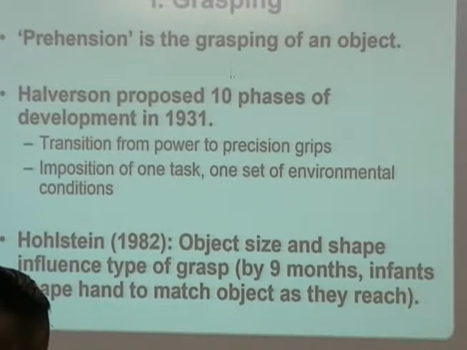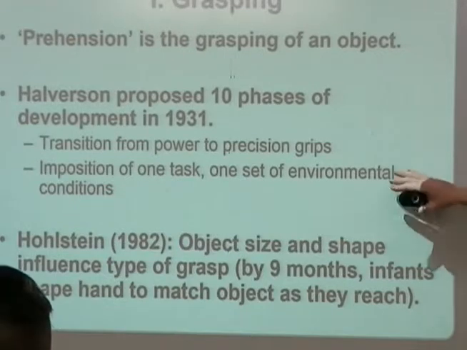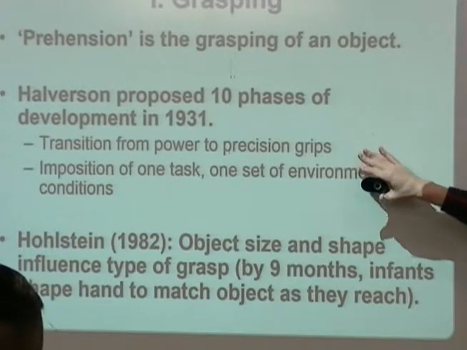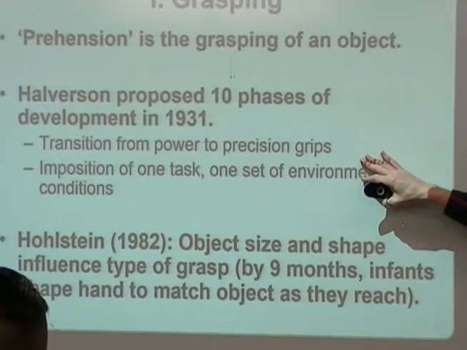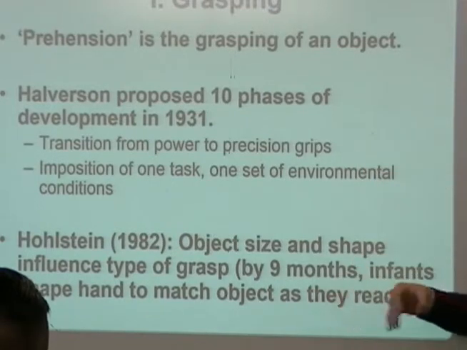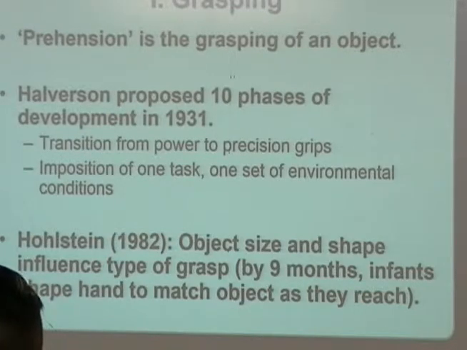If we can do a more precise grasp at 4 or 5 months, then that would indicate that the neuromuscular system is developed enough. So it can't have been just the development of the nervous system. Maybe it's the interaction, it's this idea of the interaction between the child and the object and the environment, right?